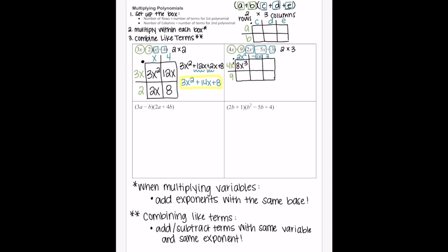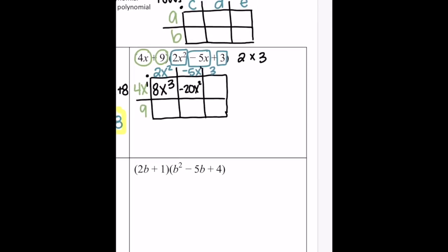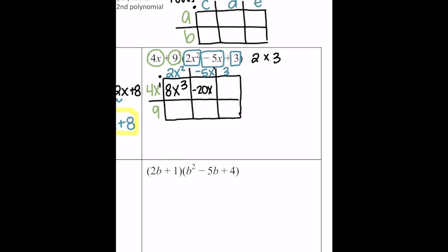So 4 times negative 5 is negative 20, and we have x to the 1st power times x to the 1st power, so that's x to the 2nd power. All right, and next we have 4x times 3. 4 times 3 is 12, times x is just 12x.